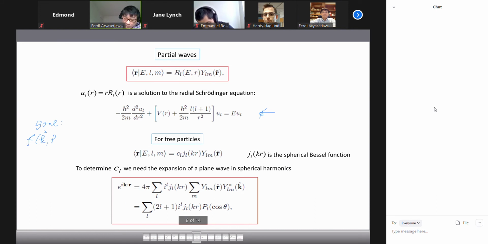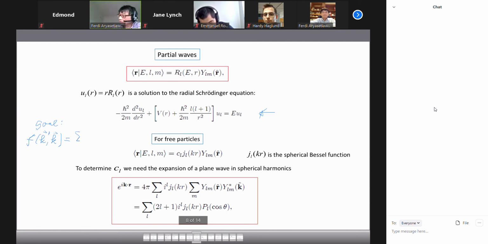The scattering amplitude is the essential quantity in scattering theory, because that's what tells us what the scattering state looks like. So our goal is to analyze this scattering amplitude in terms of the angular momentum decomposition.